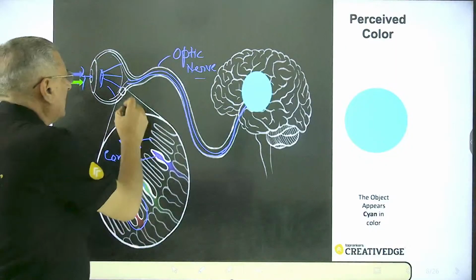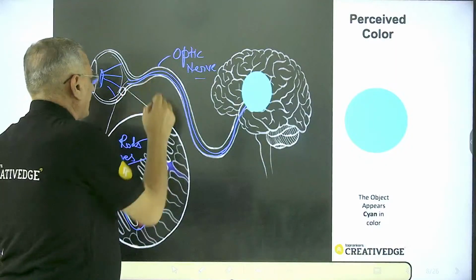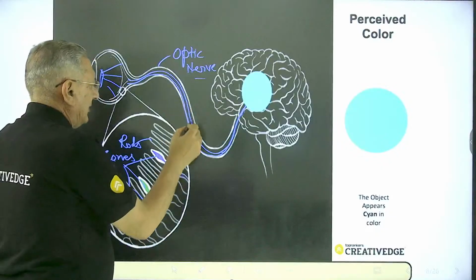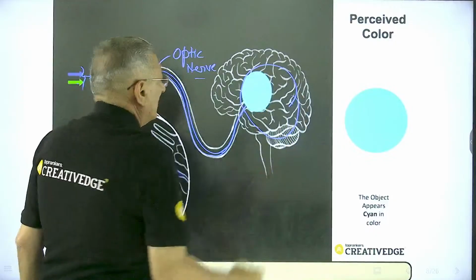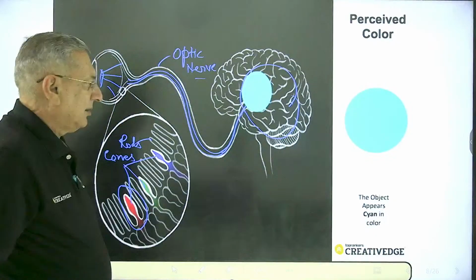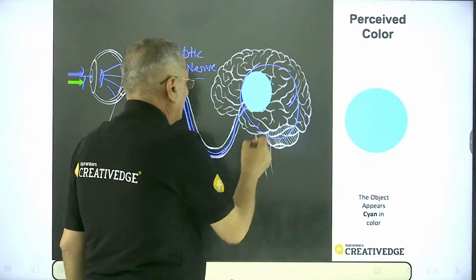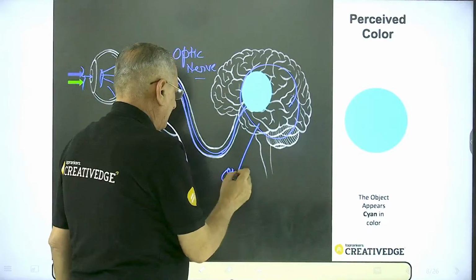Now, this optic nerve takes the impulses from the retina and conveys them to the brain, in the area of the brain called the optic lobe.